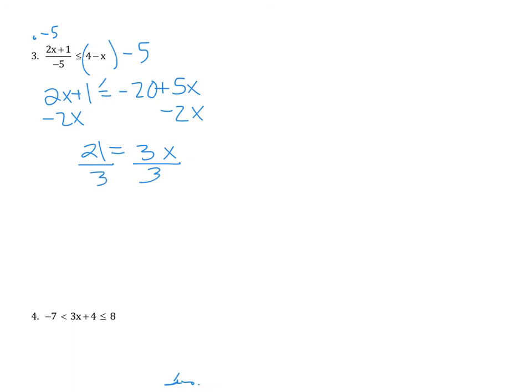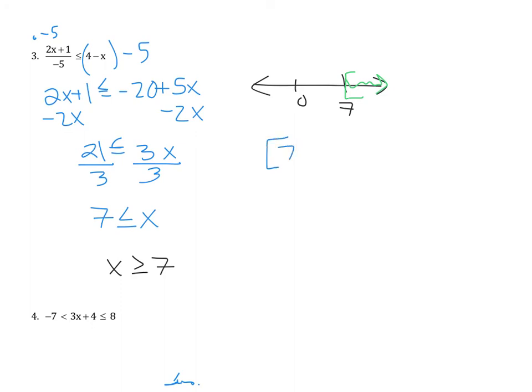Oops, and I changed it into an equal sign. So I'm going to get 7 is less than or equal to x. When you graph this, here's 0, here's 7. I should probably turn this around, so I'm going to say x is greater than or equal to 7. I have a bracket on 7, and my arrow's going to the right. In interval notation, this would be 7 to infinity.